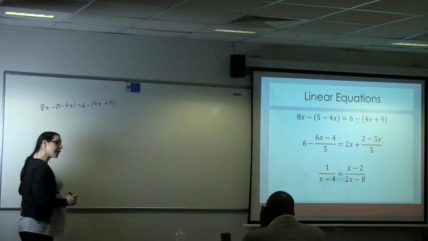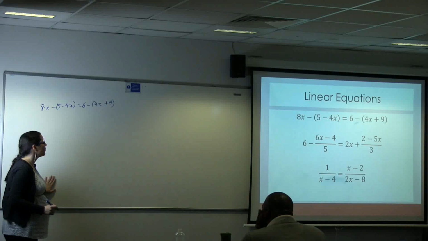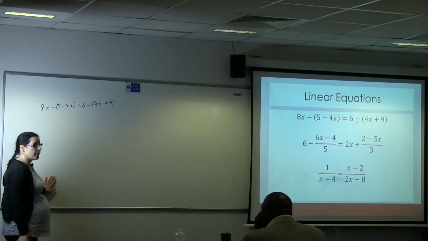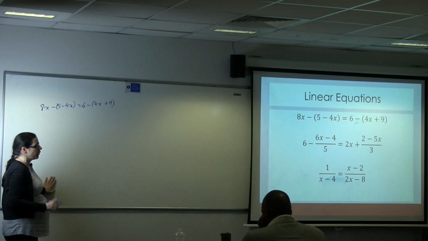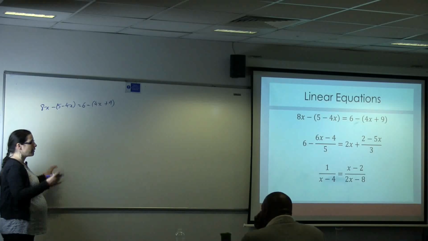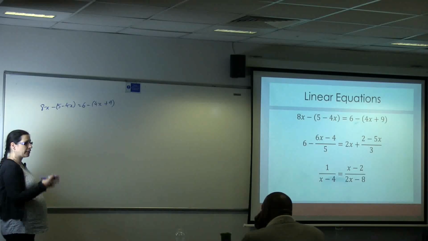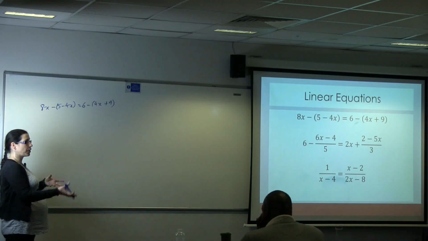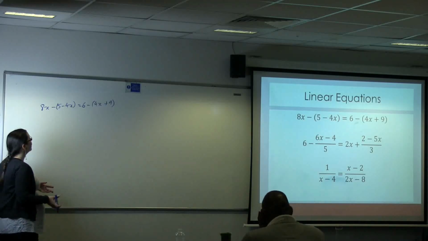I have got brackets in this equation, and I've got x's all over the place. So what I need to do first is remove those brackets and try to bring x's together to find out actually how many x's I have and what they should be equal to.